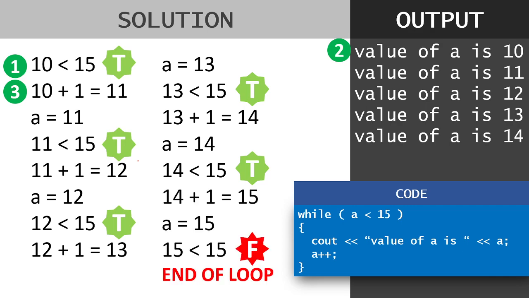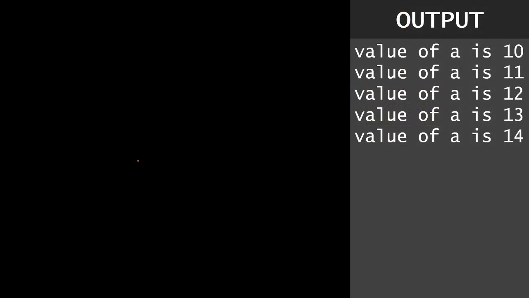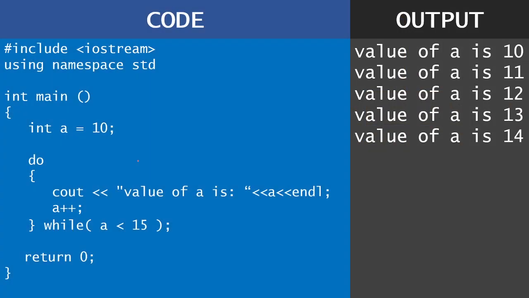So butangan ni mag do, tapos statements, then while. Buhaton daw ni kani, statements, while A is less than 15. So pag true daw ni siya, buhaton ni siya. No? So same lang yapon siya og algorithm. All of them, the for, the while, and the do while loop, are the same. So they have the same function. It's up to you what you will be using.